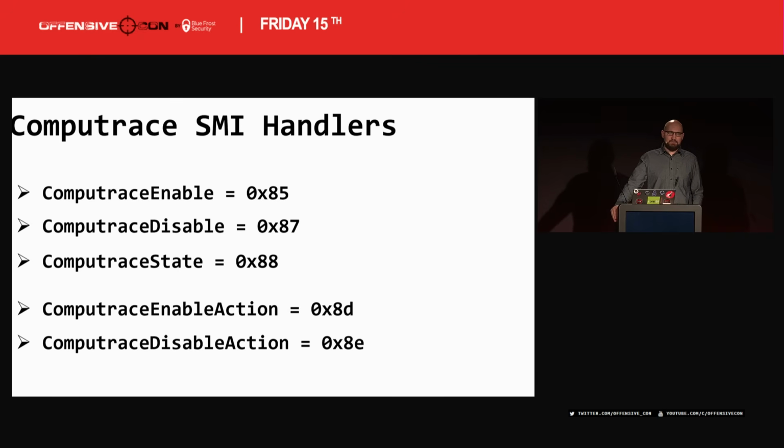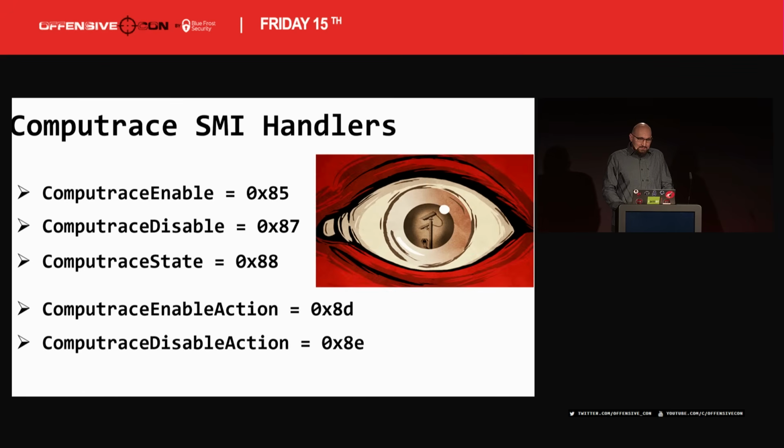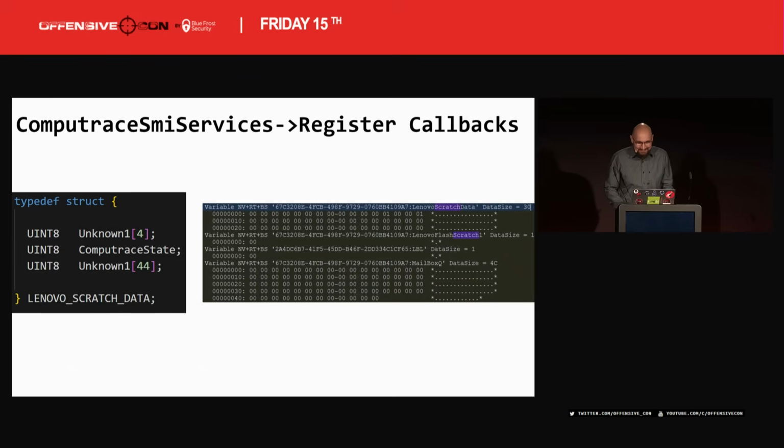You have a CompuTrace enable and disable, and to understand what configuration you currently have, you call a CompuTrace state. You also need to call the CompuTrace enable or disable action from the Windows Management Instrumentation interface. That's interesting information to think about. Maybe you need to switch your lovely keyboard from a Lenovo laptop to something else.